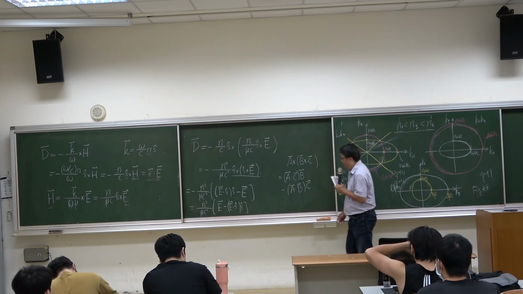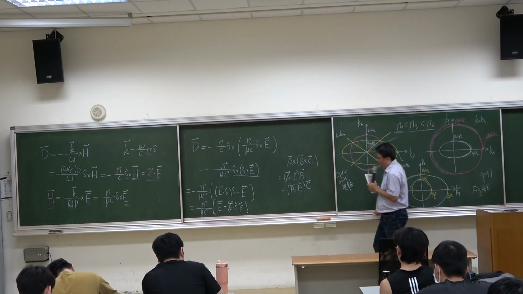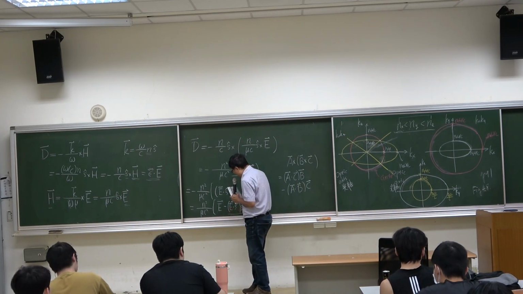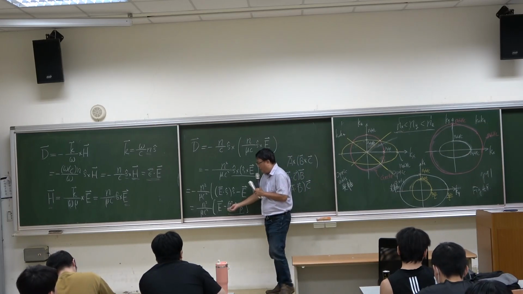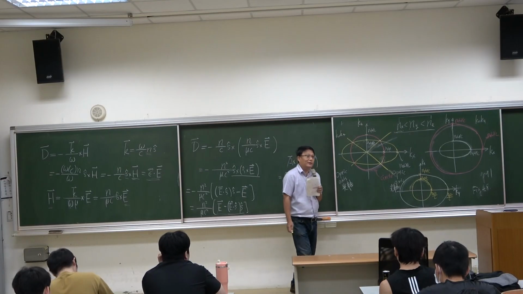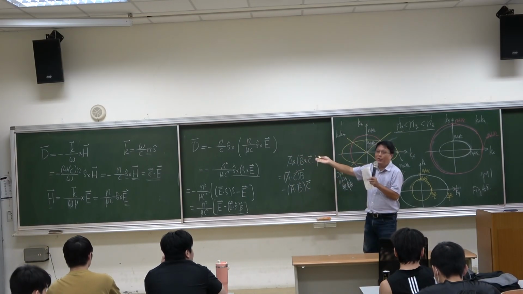The original E vector now has subtracted the projection of E on the S direction, which means that we now have the transverse part of the E vector, transverse with respect to the S direction.